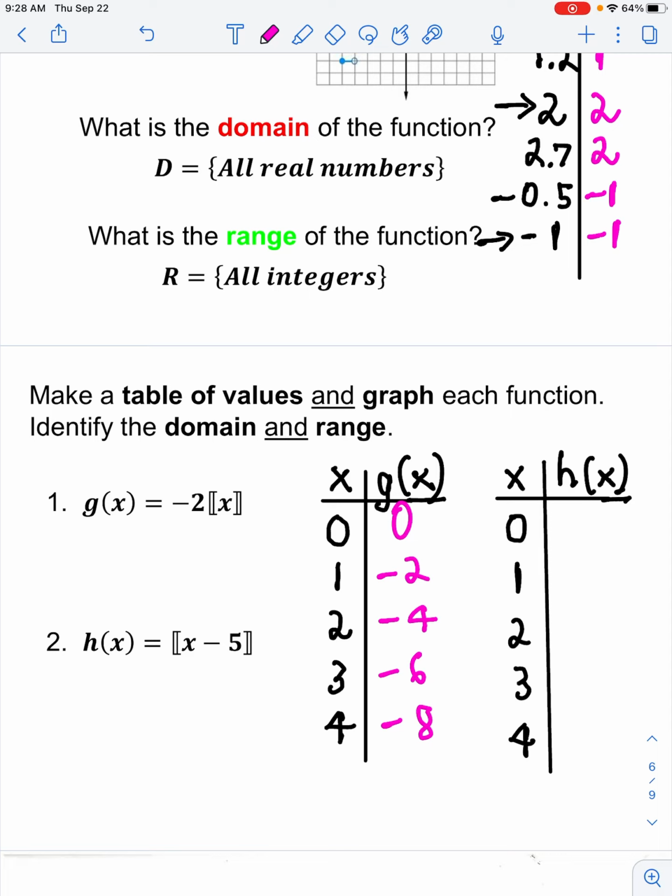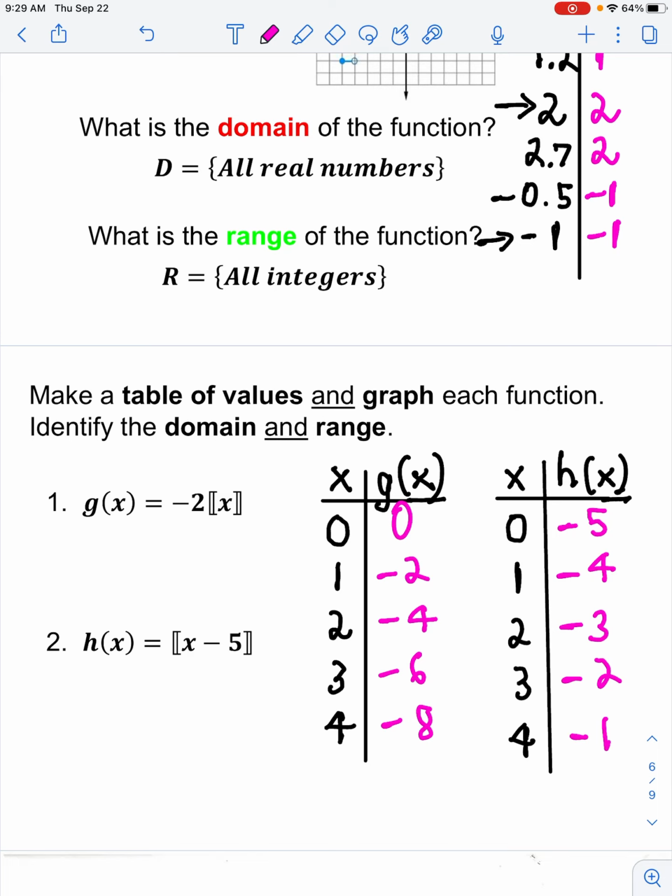Now, I haven't tested integers in between, but I want you to compare that to the actual graph. When I put in 0 for h of x, 0 minus 5 is negative 5. 1 minus 5 is negative 4, negative 3, negative 2, and negative 1.